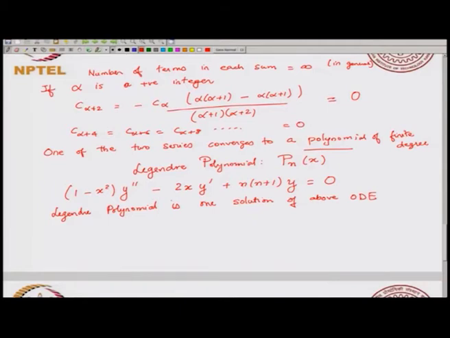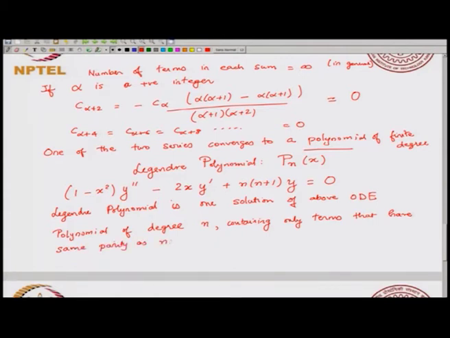So what can you say about the Legendre polynomial? I will just mention this. It is a polynomial of degree n containing only terms that have the same parity as n.